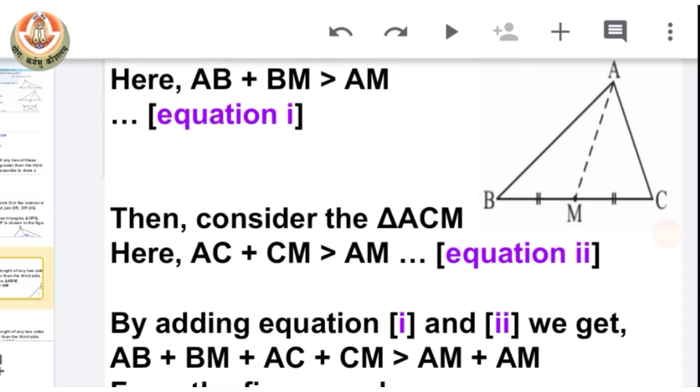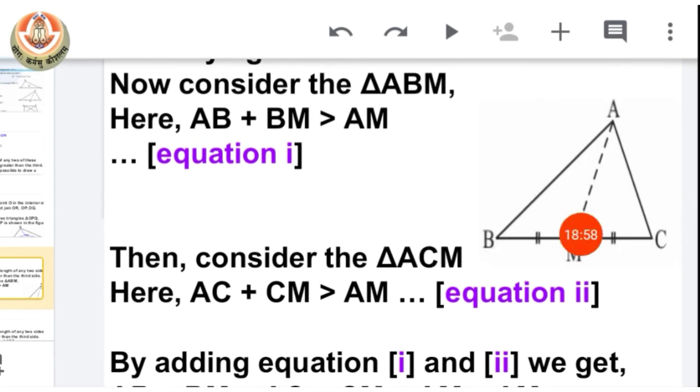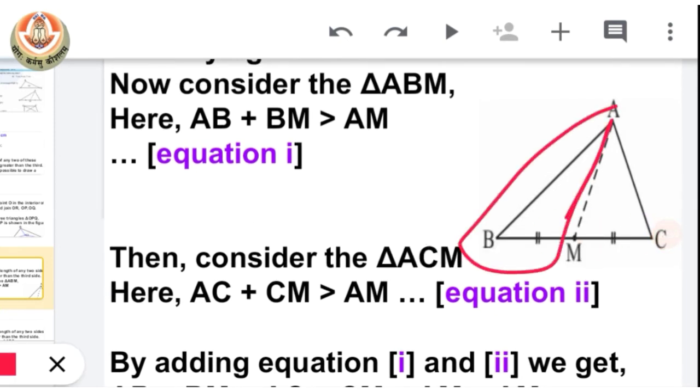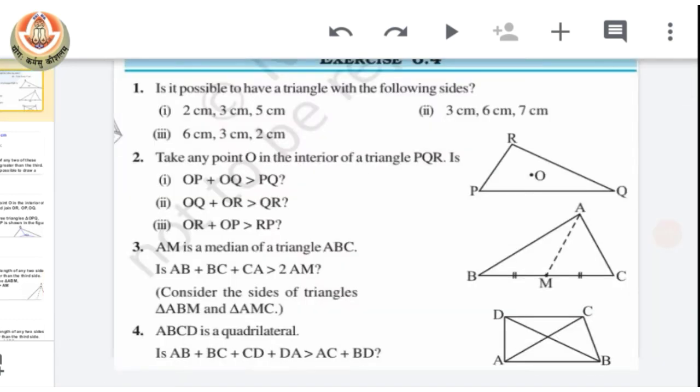That is why we took AM as the third side in this triangle as well as this triangle. That means we have to do these questions according to a strategy. Now let's see more questions and we will get to know more about these things.